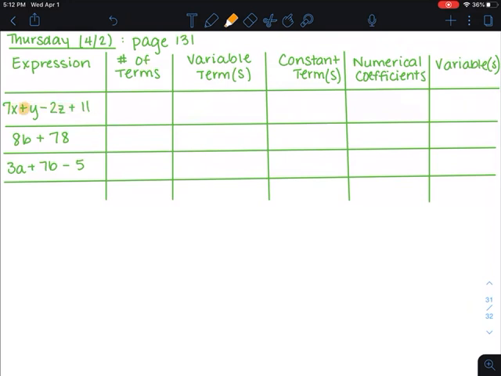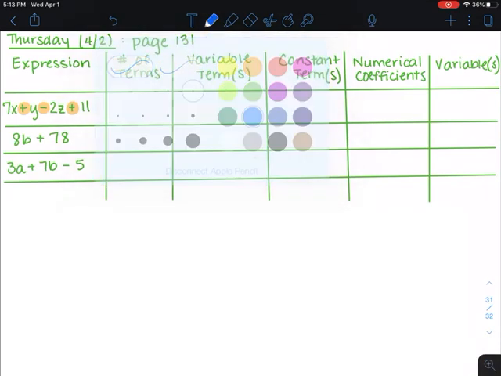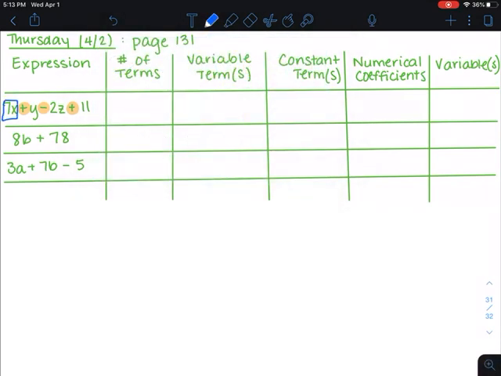So a term is separated by adding and subtracting. So in this expression, I have adding there, subtracting, and adding. So if I took this, I have 1, 2, 3, 4 terms. So in this spot, I'm going to put 4 because it has 4 terms.